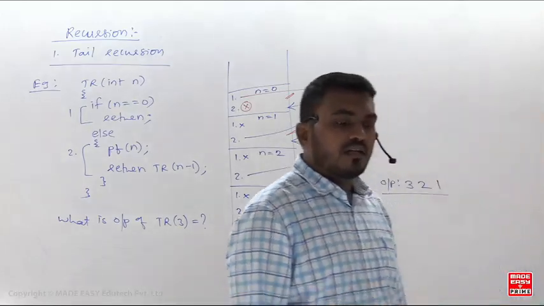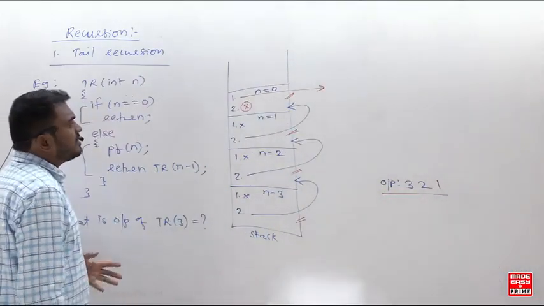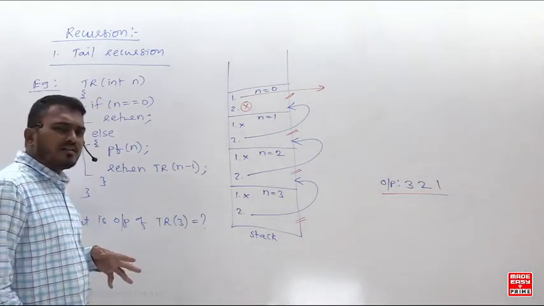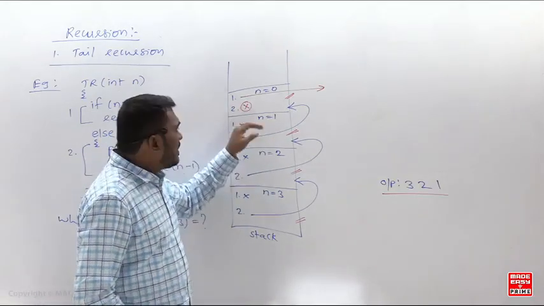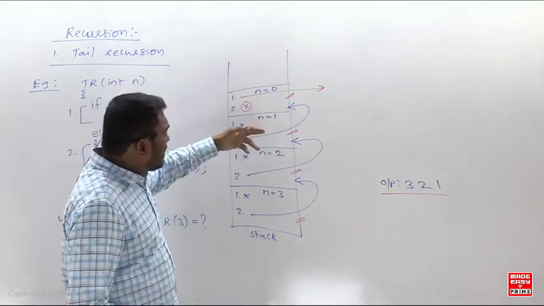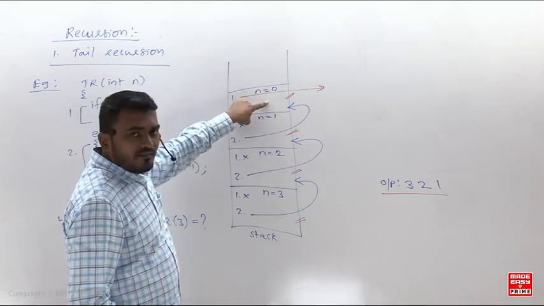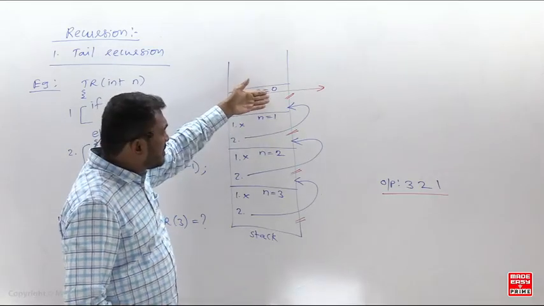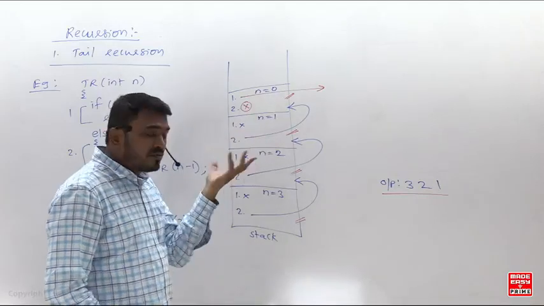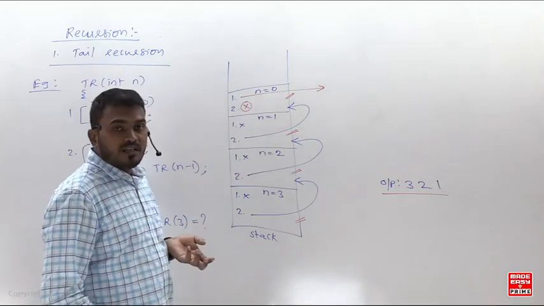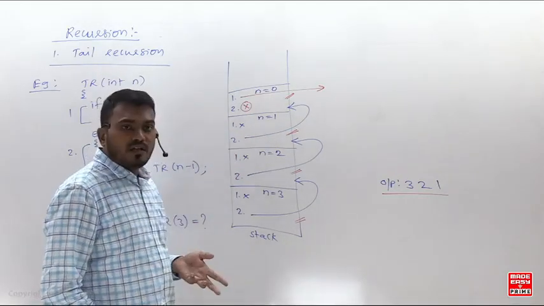So please understand what is happening in the tail recursion. You are pushing so many activation records in the stack, and when you come back to the previous activation record, there is no other work to do. There is no statement to execute. Is that clear?